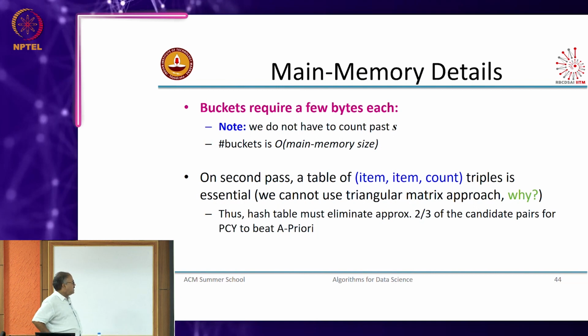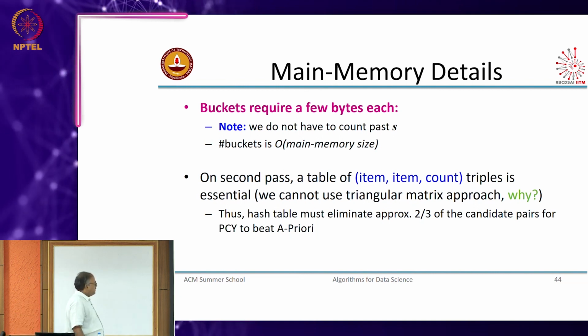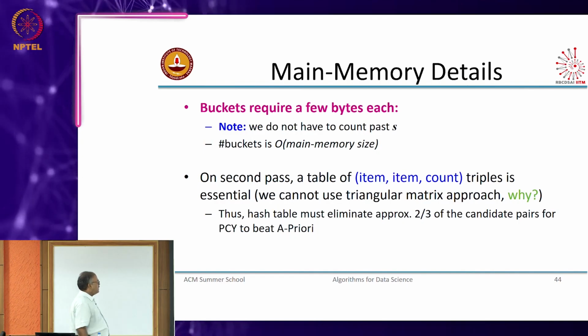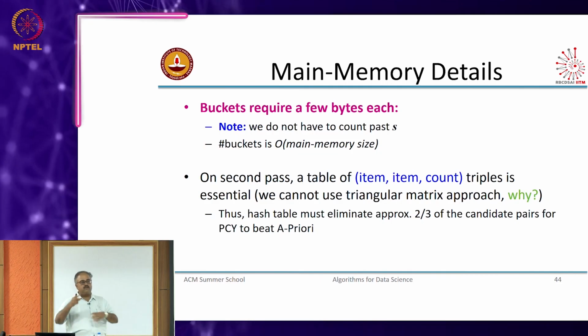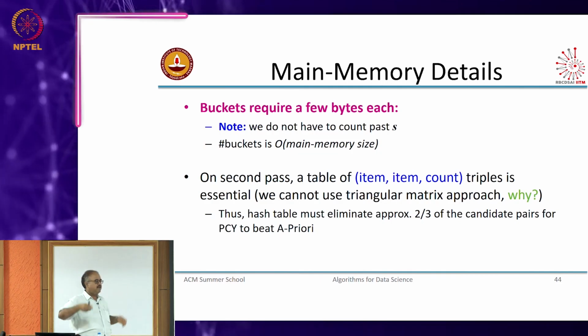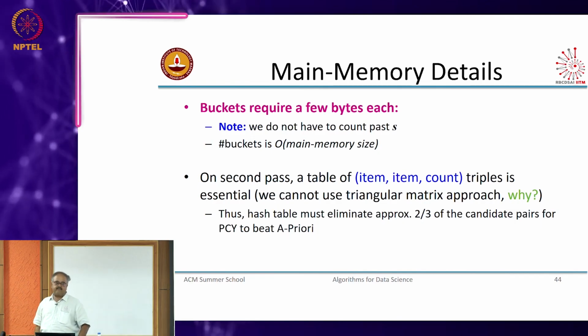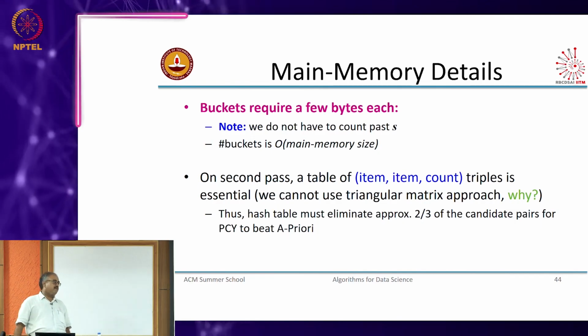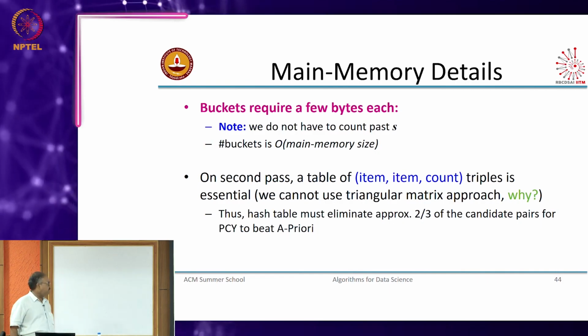Therefore, we do not want to use the triangular matrix approach. We have to use the item count table, and these items can be all over the place. Some items might appear many times as parts of various pairs, some might not appear at all, maybe just once in a frequent pair. We do not want to waste memory allotting that.